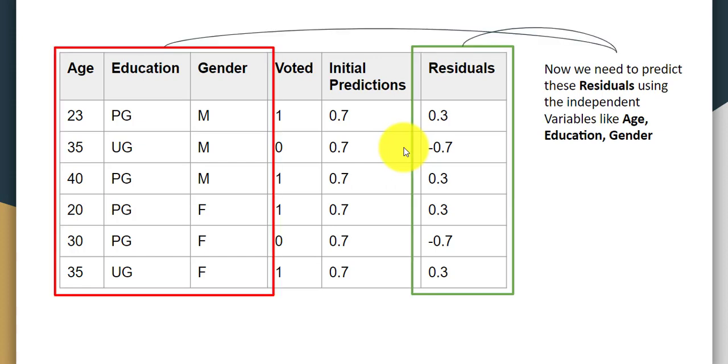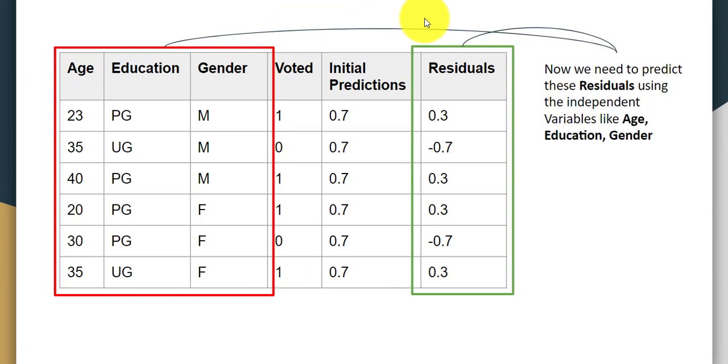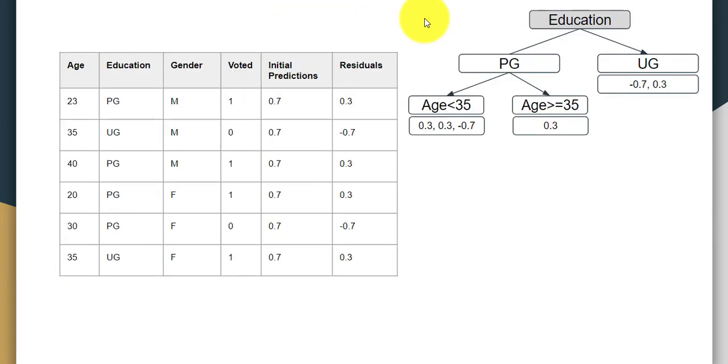Now, similar to regression, we need to predict these residuals by using age, gender, and education. Let's say this is the tree I got, which is first education, then age, and these are my residuals: 0.3, 0.3, minus 0.7. Then for this split, for education undergraduate, I have 0.3 and minus 0.7.